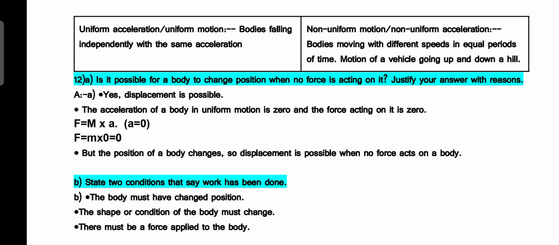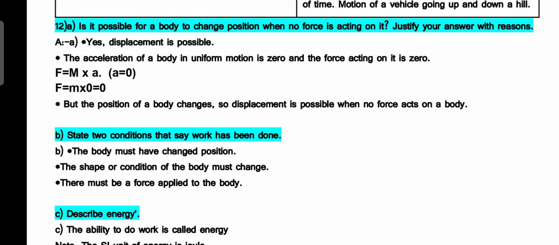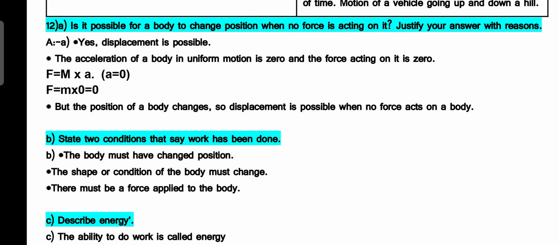Yes, the displacement is possible even when the force is zero, because by studying this formula, F is equal to m into a, when a is 0, the acceleration of the body in uniform motion is 0, the force also becomes 0, because m into a is 0, so F is also 0 finally. But the position of the body changes, though there will be displacement, the force can be 0.